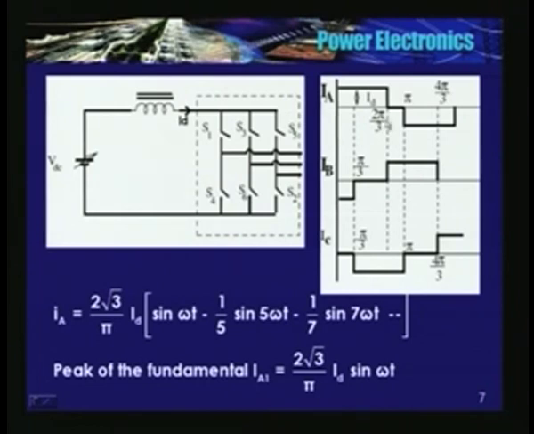And from 2 pi by 3 to pi, this is 3 and this is 2, and so on. Almost the same current waveform we had in three-phase AC to DC conversion.